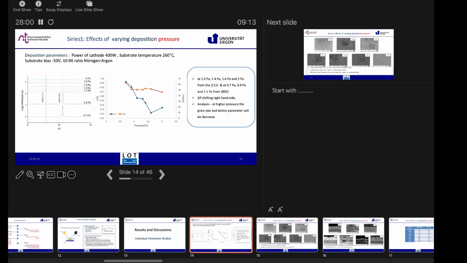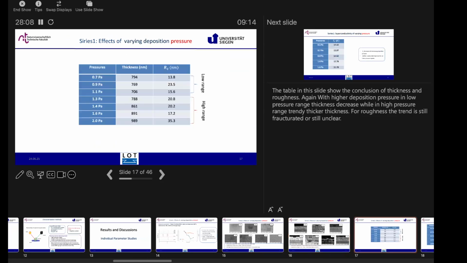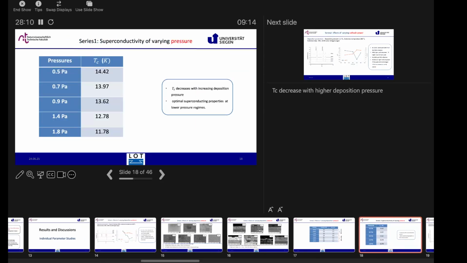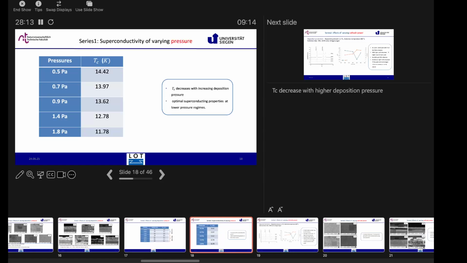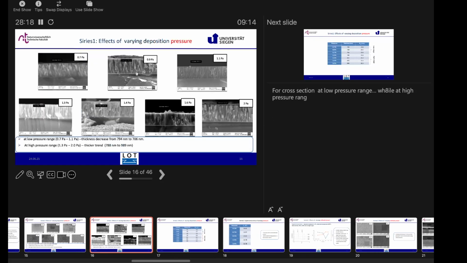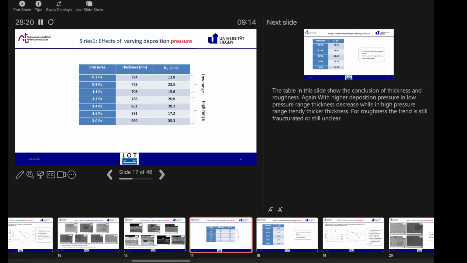In your presentation, you highlight that surface roughness influences the superconducting property. Do you mean TC? Could you explain the reason? I found this information from the research.